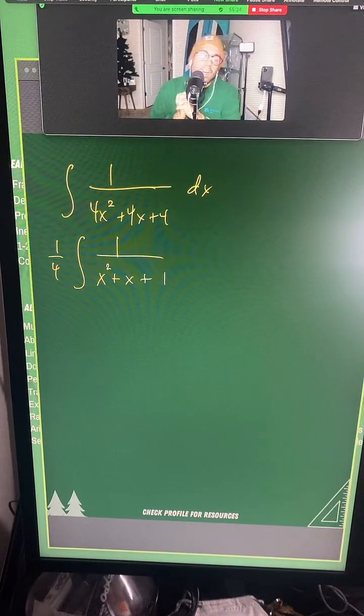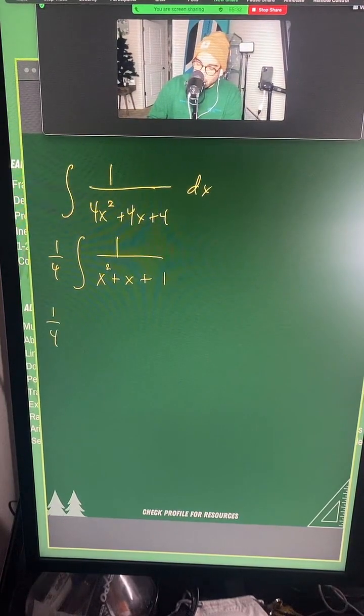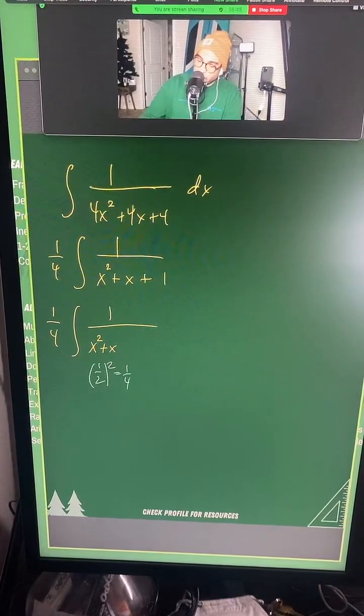Complete the square, Oscar. Oh, man, I hate completing the square. But yes, I absolutely agree that we're probably going to have to complete the square. Okay, so let's go ahead and do that. 1/4 integral of 1 over x squared plus x. And how do we complete the square? We're going to divide the 1 by 2 and then square it. And that's going to be 1/4.